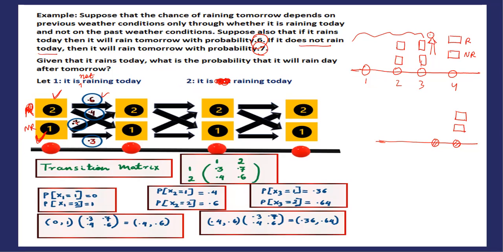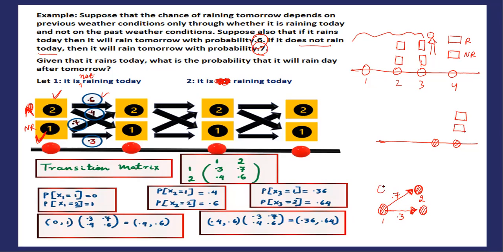So 1 to 2 is 70%. There is a 70% chance that we'll make a transition to 2 tomorrow. The other is not given because there are only two choices. We are predicting whether it will rain tomorrow or not, so this will be 30% automatically, 70-30.